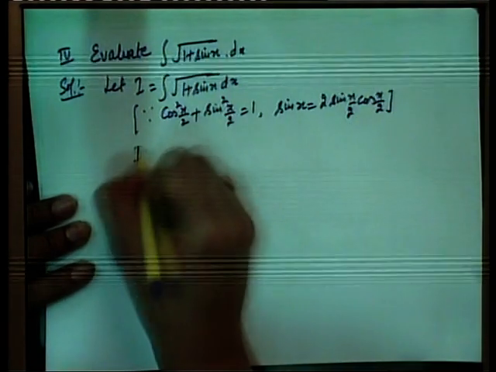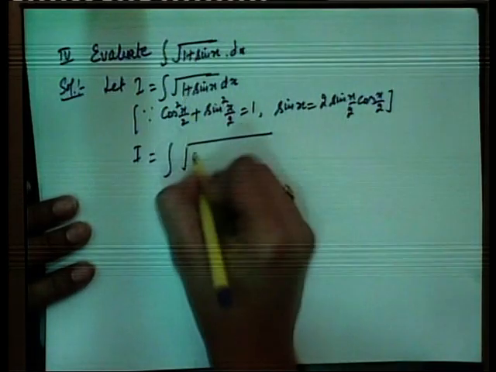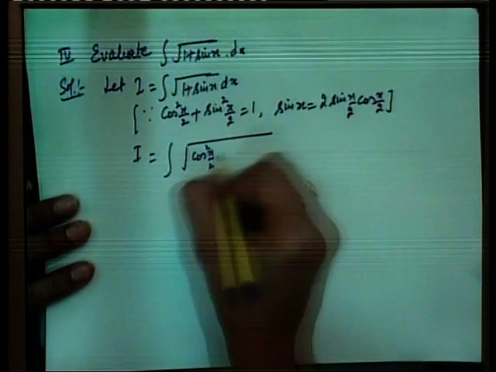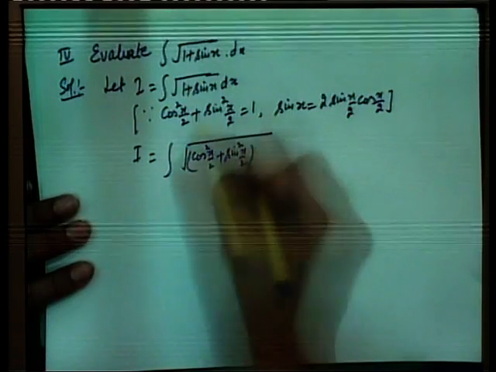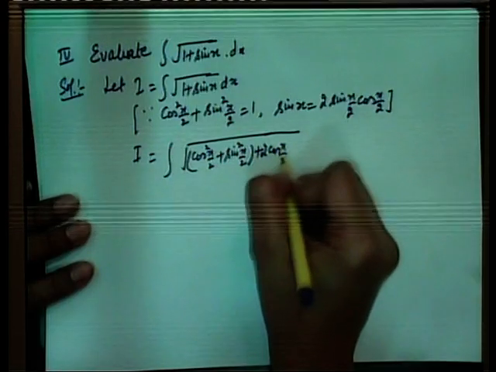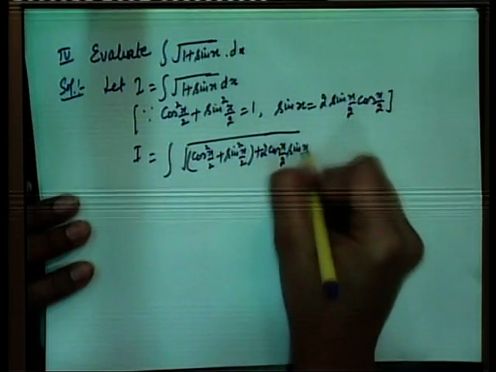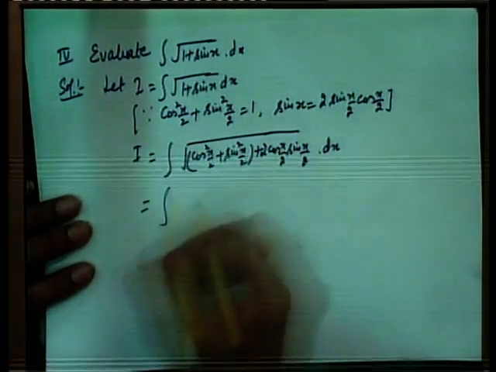The integral I becomes integral, instead of 1 we write cos square x by 2 plus sin square x by 2 plus sin x. Sin x can be written as 2 cos x by 2 sin x by 2, into dx. Now, let us see what it becomes.